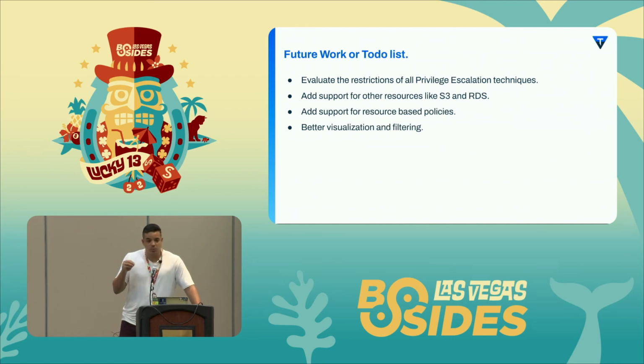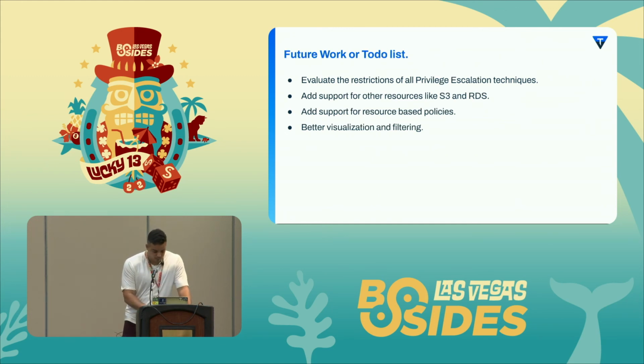If there is no role in that account with enough permissions for that lambda, it will not be a privilege escalation at all. You won't be able to get more actions. We also would like to add support for other resources like S3 and RDS, support for resource-based policies, and better visualization and filtering for this tool.